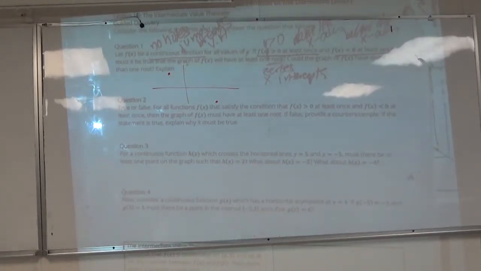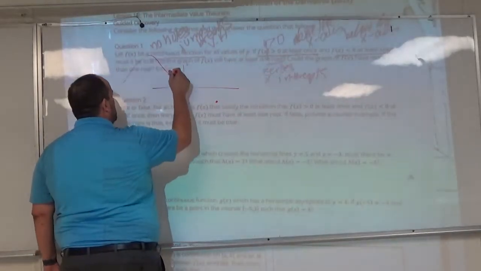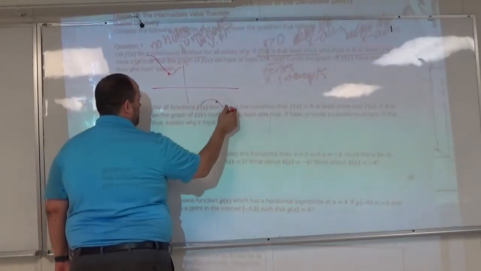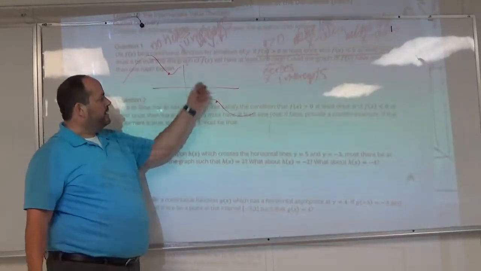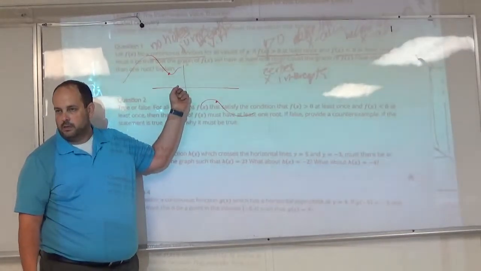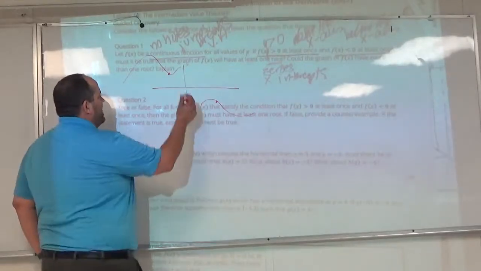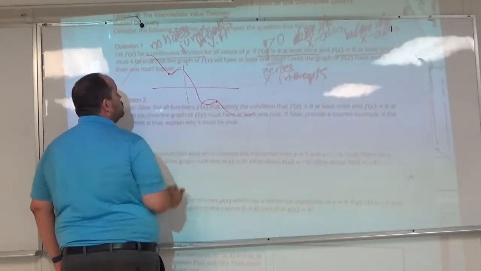Yes. Look at that. Doesn't it have to be true? Is there any way to draw a continuous function, no holes, no jumps, no breaks, and get from this point to this point without crossing the x-axis? No. Right? There's no way to do that. So this statement is true.